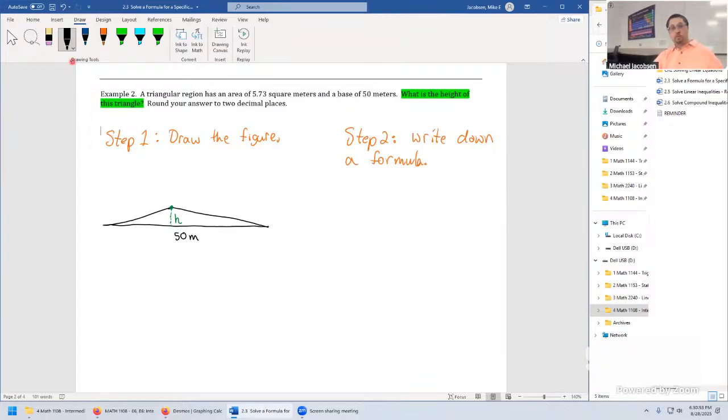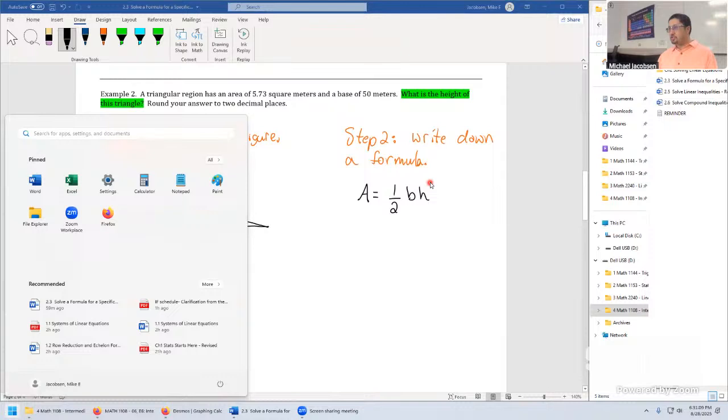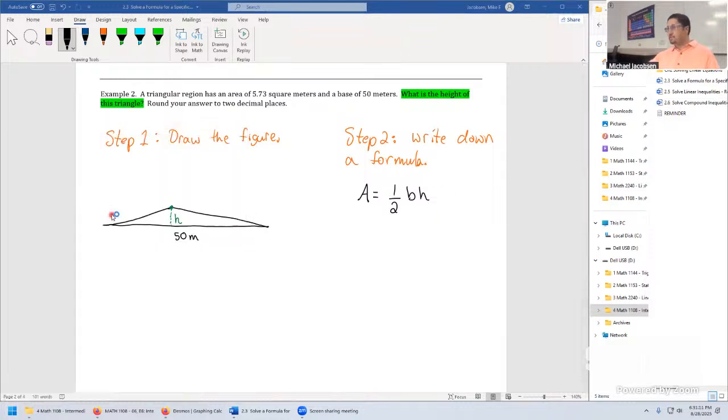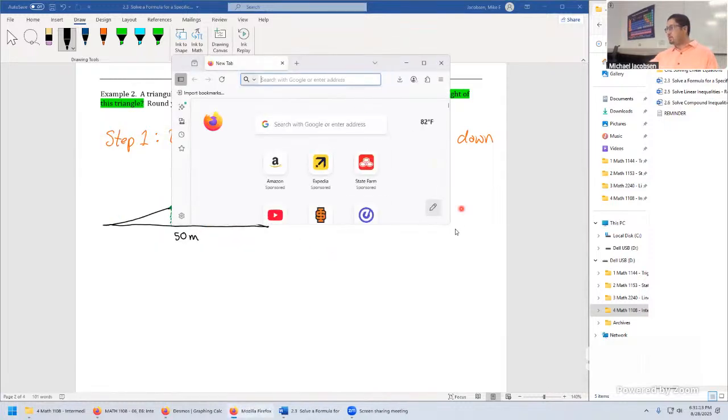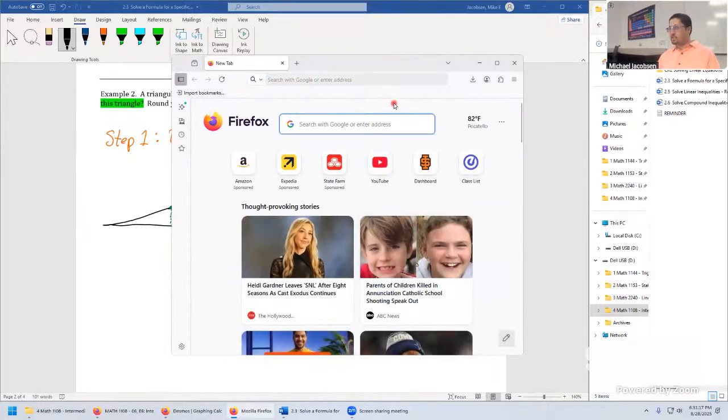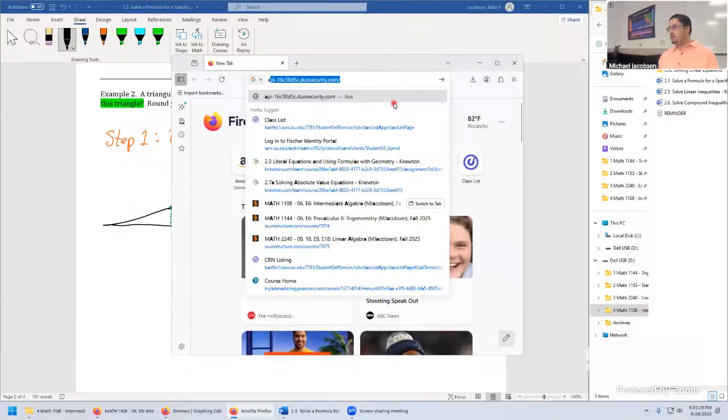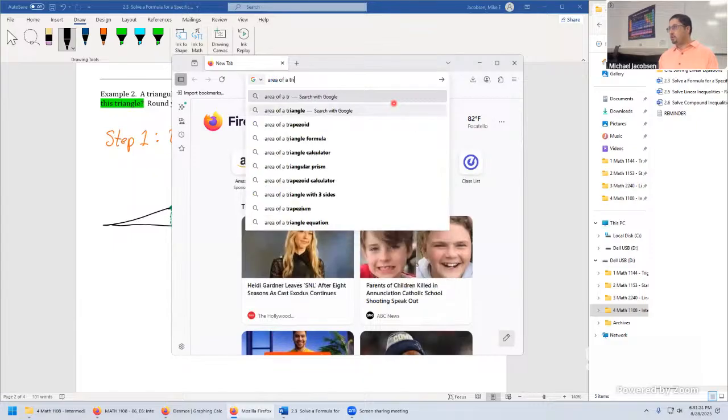And the formula that we'd be using is area equals 1/2 base times height. Again, you could find this in the reading, or if you're on a computer, let's just demonstrate this for the sake of emphasis. Open up a browser, go to Google and just type in area of a triangle.